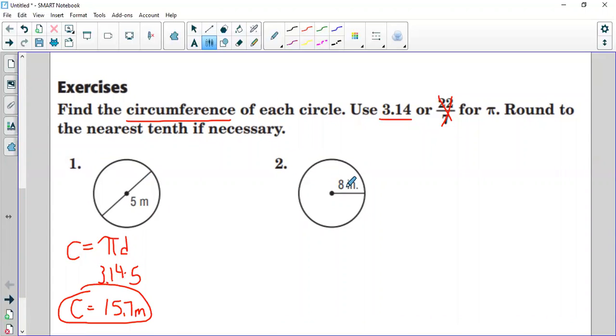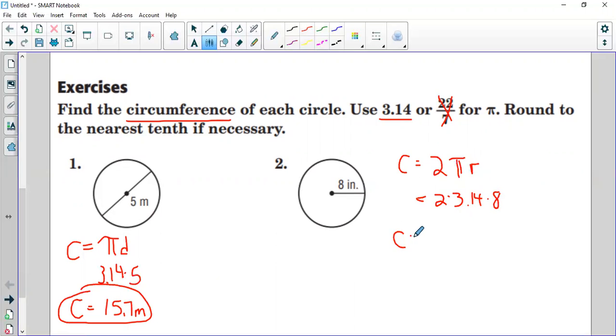Taking a look at number 2, they give you a radius instead. The radius, because the line only goes halfway across. So the radius is 8. For this one, I'll use the formula that circumference is equal to 2 times pi times the radius. If I plug in the numbers I'm given, it's 2 times pi, which is always going to be 3.14 for us, times the radius, which is 8.